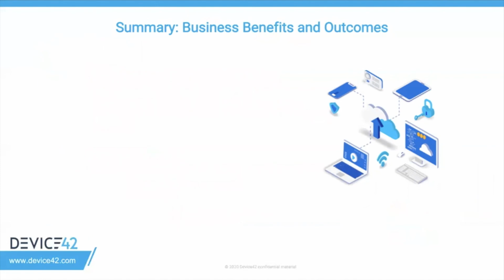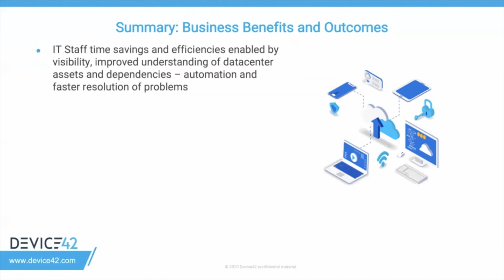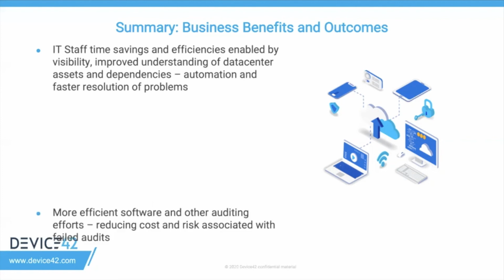There are several benefits to Device42. IT staff can deliver increased savings and efficiencies through better visibility and improvements in their understanding of the data center and interdependencies, as well as automation and faster resolution of problems.